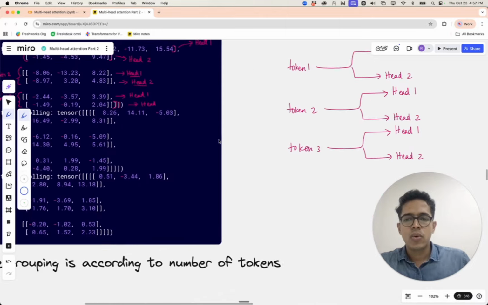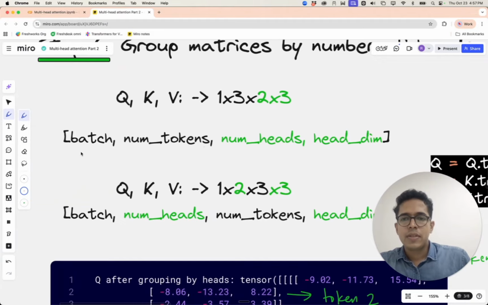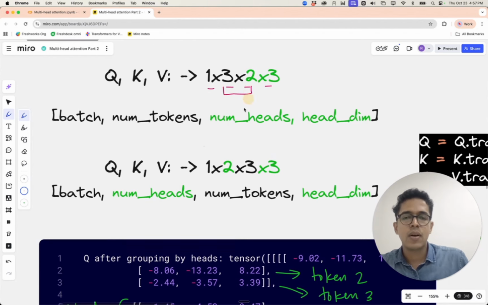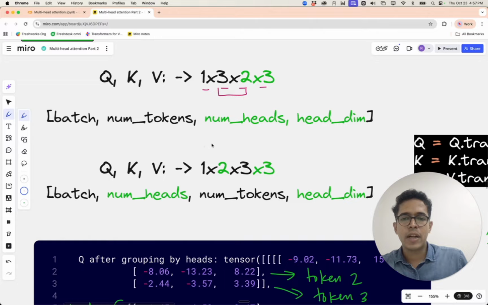So what we can do is, if the dimensionality is now 1, 3, 2, 3, which is batch, number of tokens, number of heads, dimensionality per head, earlier I said last 2 dimensions. I did not mean last 2 dimensions, these 2 dimensions. What I can say is swap these 2 dimensions.